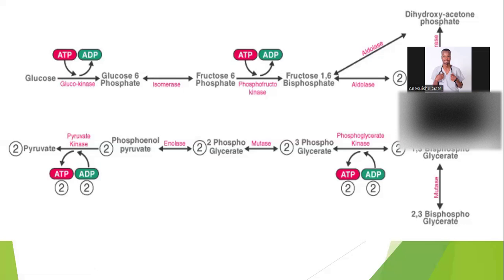So in the first stage, I want to achieve two things. I want to trap glucose inside the what? Inside the cell cytoplasm. Number two, I want to destabilize this glucose molecule so that it can undergo reactions in the second stage.